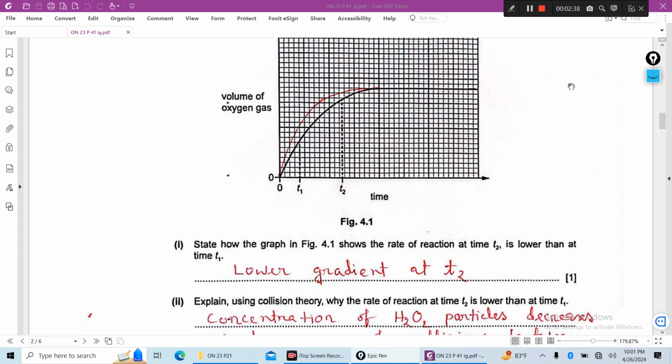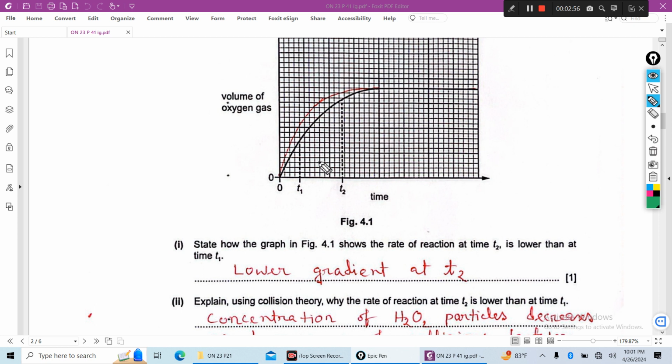Then you see number 1, state how the graph in figure 4.1 shows the rate of reaction at time t2 is lower than at t1.